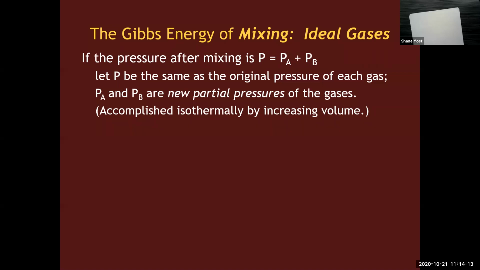So the pressures of A and B are going to decrease, but we're going to mix them such that the total pressure in my system still remains a constant of P. But the partial pressures have now been lowered because the gases have been expanded.